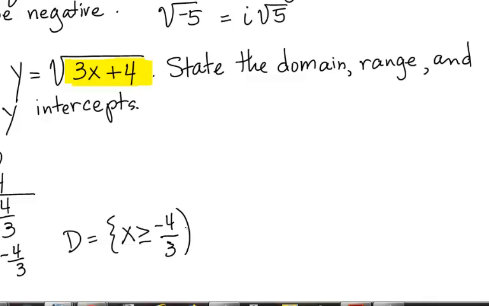Now let's graph it, and that will help us get our range. So go to your graph, clear all those out, and graph the square root of 3x plus 4. And you've got to put that all inside the parentheses.